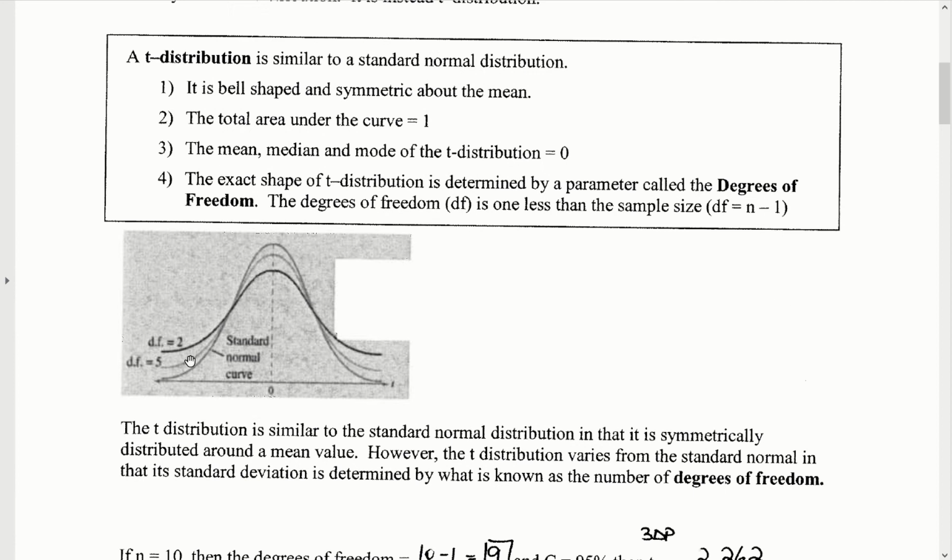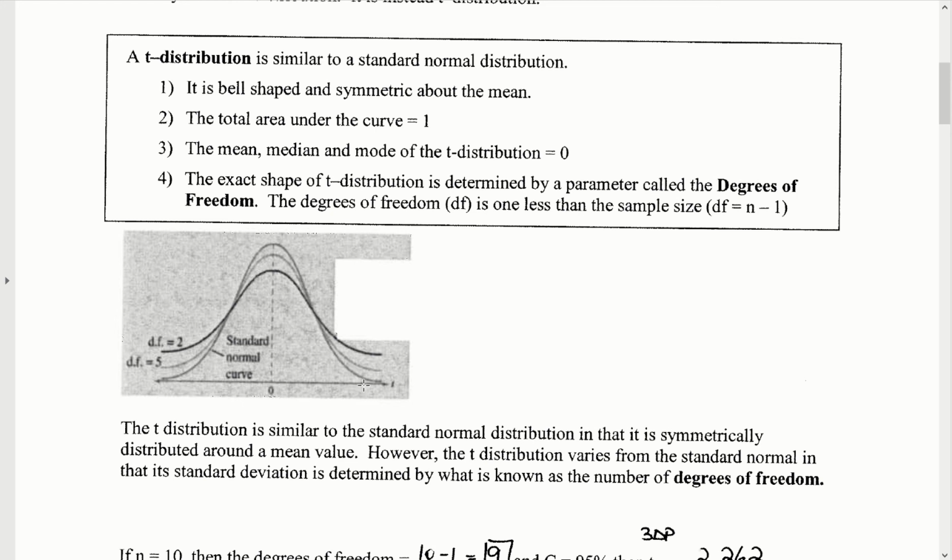In this graph, it might be a little difficult to see because it's black and white, but there are two t distributions. One is the one in black, which I'm tracing with my cursor. This corresponds to 2 degrees of freedom. This other curve here corresponds to 5 degrees of freedom. And then the last one is the normal distribution itself.